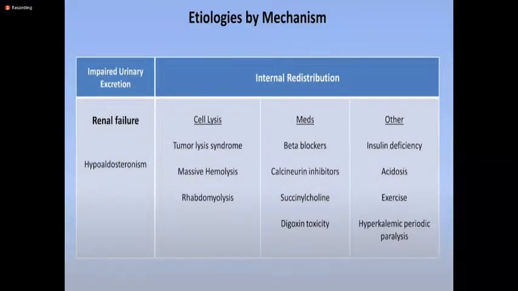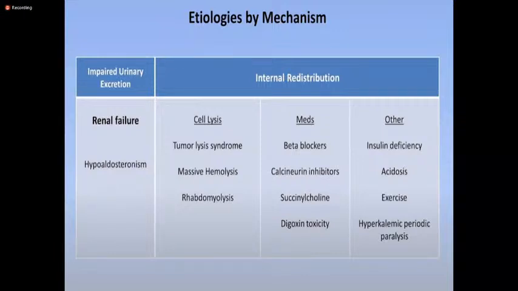So looking at the causes in depth, we've talked of hypoaldosteronism and internal redistribution, and you have cell lysis or the effect of medications. So when you have tumor lysis syndrome, hemolysis or rhabdomyolysis, all this will result in release of potassium from the cells.